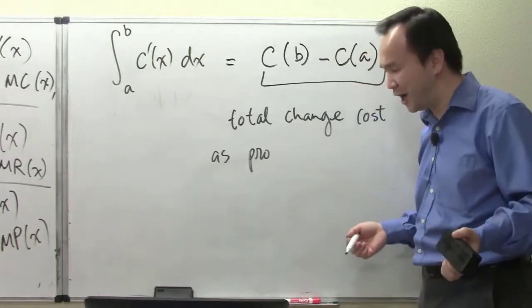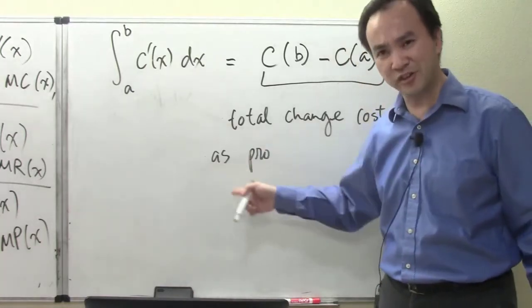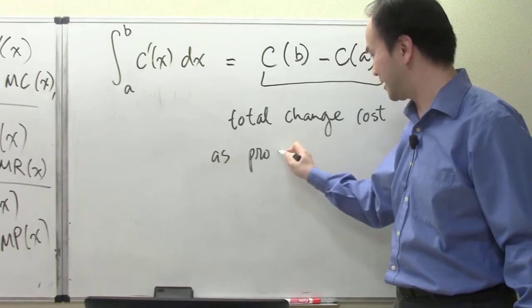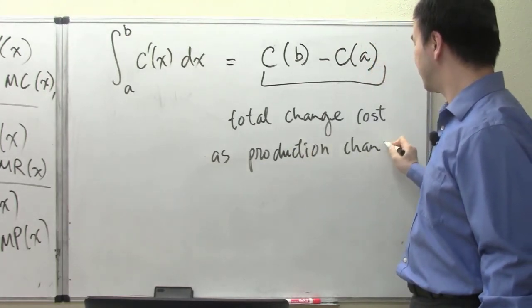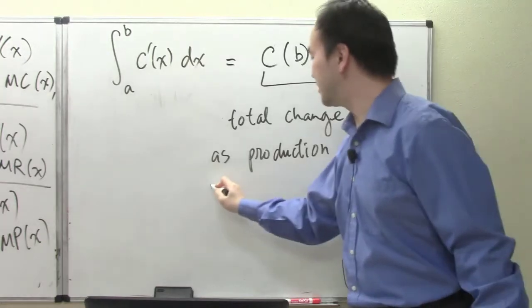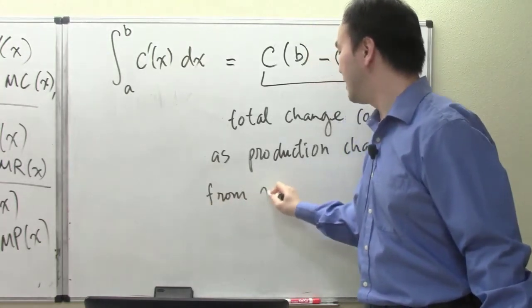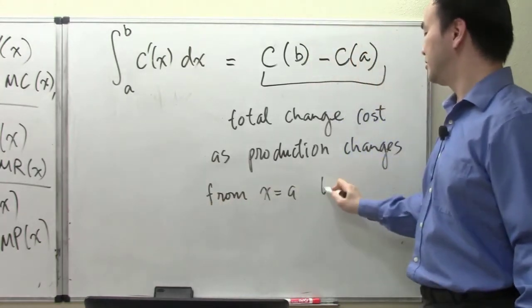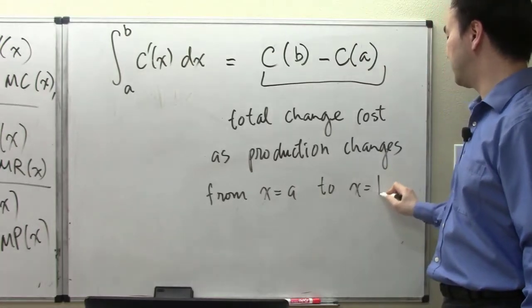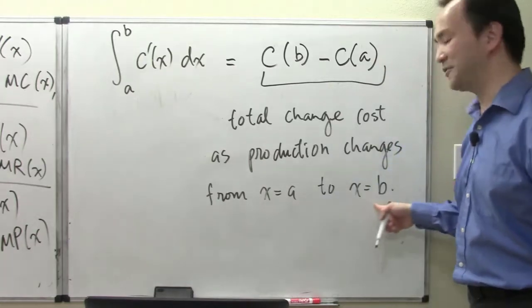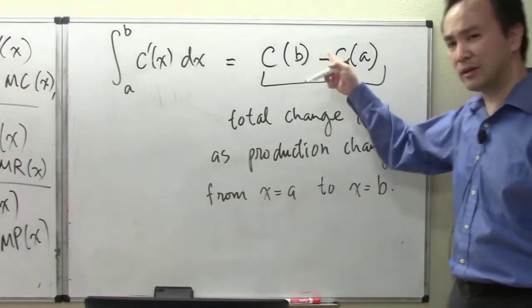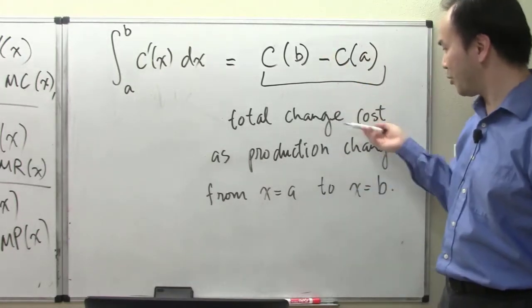So in a business context, we're talking about production level change, right? So as production changes from x equals a to x equals b, from a starting production level to a final production level. And that's what this is. It's just a total change.